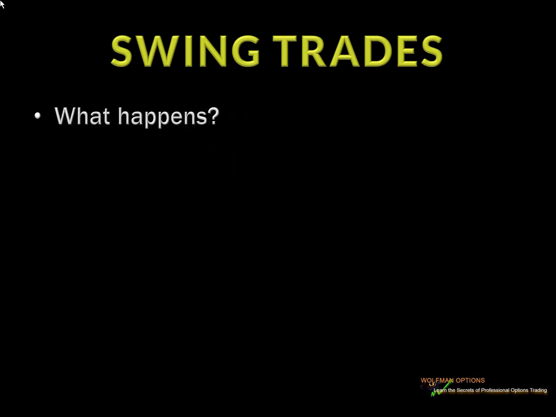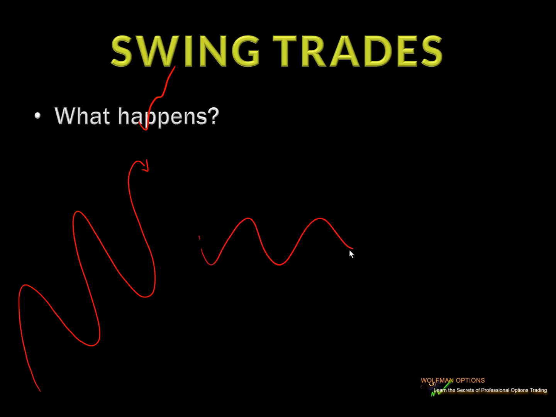Now, what happens? Sometimes what we're going to see is we've got a bullish move like this, and it looks like it's getting ready to roll over, and the next day it starts doing something like that, right? Well, it can happen anywhere, or you think it's going to start moving up and all of a sudden it starts rolling back over, right? I mean, the next day. Those things will happen.